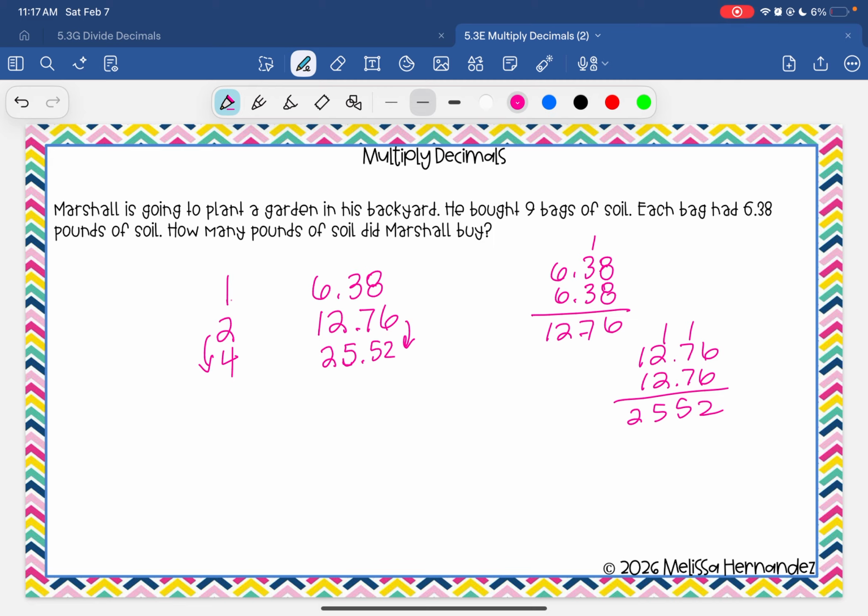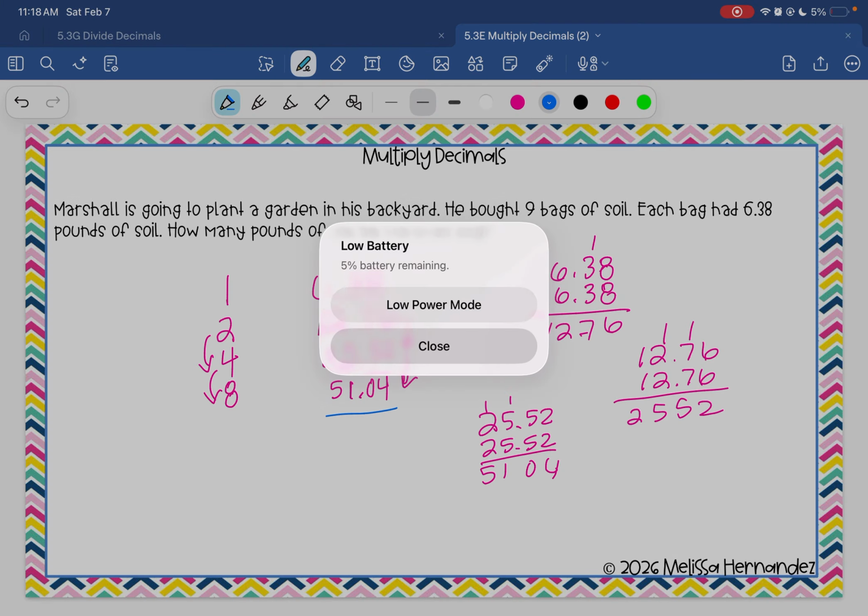So you could use this, or you could double, and if you doubled 4, you get 8. So that means you're going to double the 25, 52. Still not going to be my answer. It says 9, so what you would do is add this value and that value.